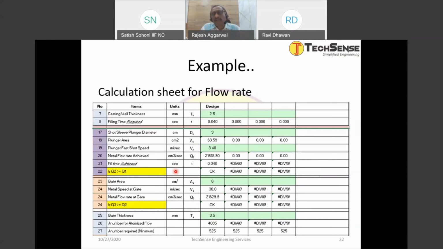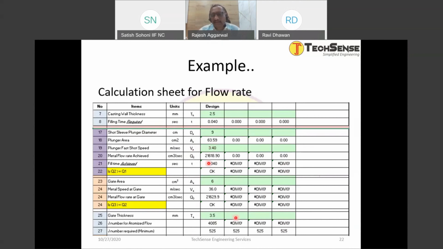Now, you might be wondering why we are taking gate area as an input and the gate speed as an output. As I mentioned in the previous slide, you can take any variable as an input and you can change the formula accordingly. Right? So it is not necessary that you take the gate area only as an input or plunger speed as an input.